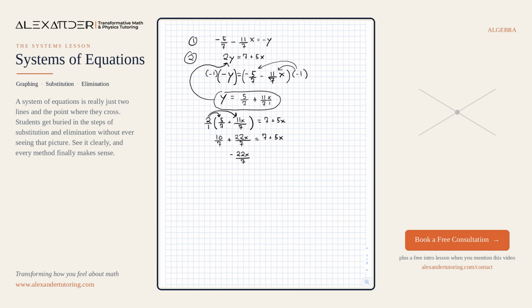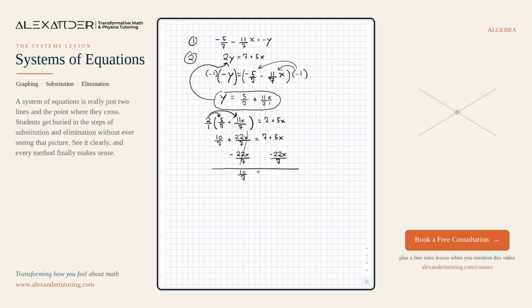So we're going to subtract 22x over 7 from both sides. We draw a line right underneath. Equal sign always comes straight down. Okay, and now we evaluate what's left over on the left-hand side. You can see that these go to 0. That's the point. And we still have that 10 over 7.